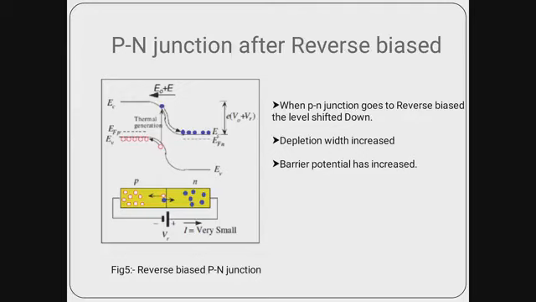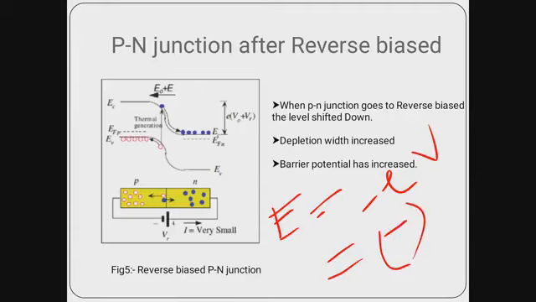Because I already told that potential energy E is equal to minus E into V. That means when V is positive, the positive polarity is connected to the negative side, that means V is positive. So if we multiply these two quantity plus minus minus, that means the potential energy will be in minus value. So what will happen? This level will be shifted downwards. That is why it is called the reverse biased junctions.